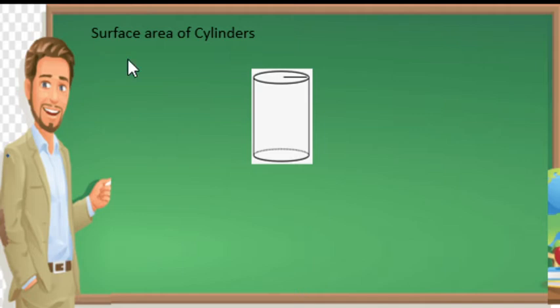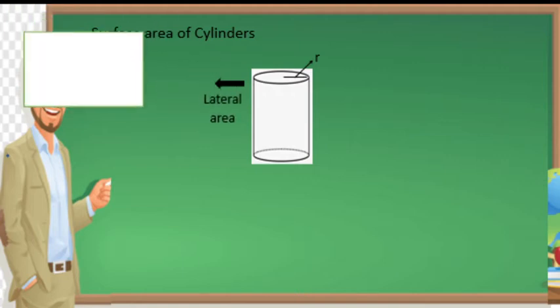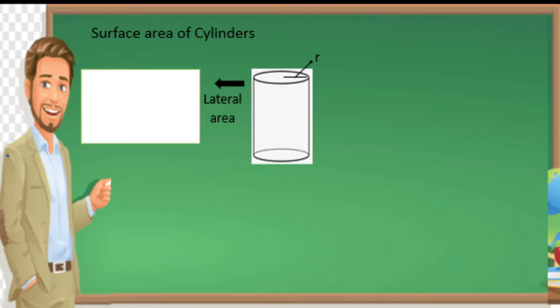This one, if you're going to cut this will become a rectangle. Of course, this is the radius. Okay, so let us open it. And that will become the lateral area, that is, once we open the can.